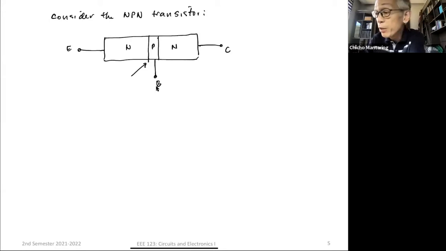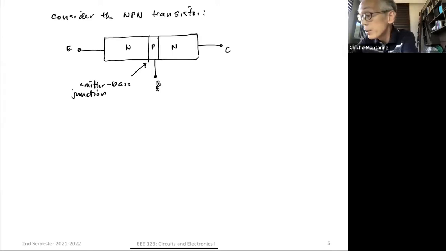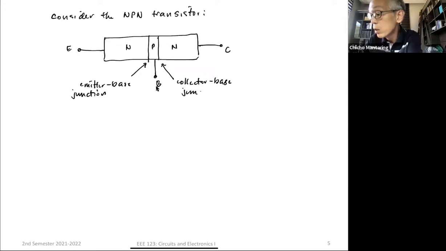This is your emitter base junction, or sometimes, for simplicity, we just say emitter junction. And this is your collector base junction.